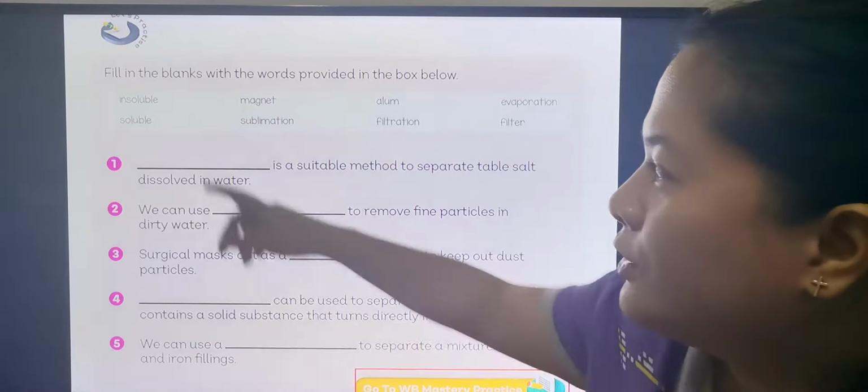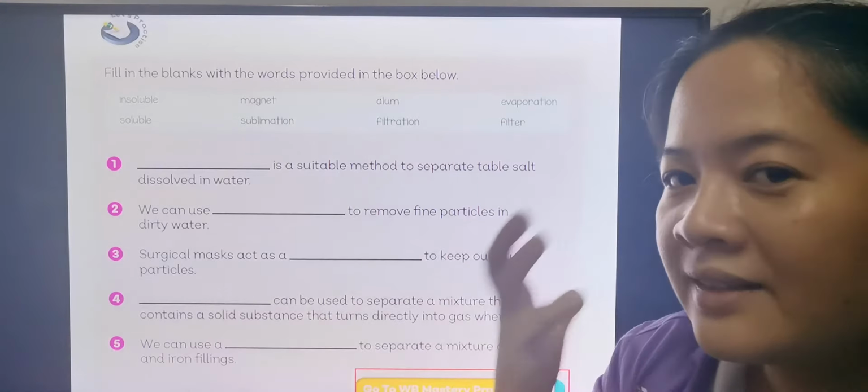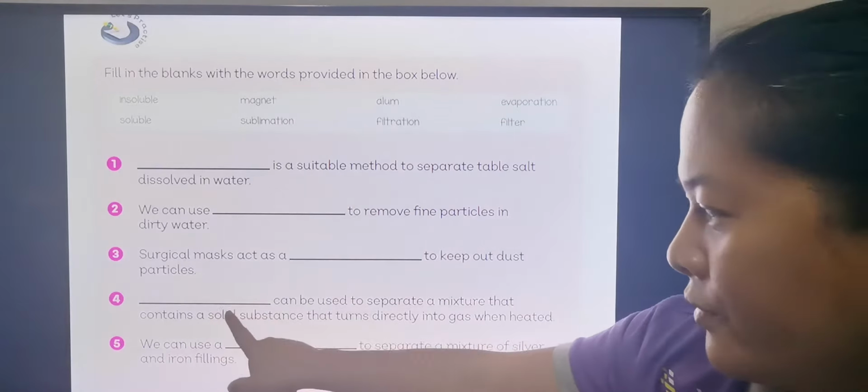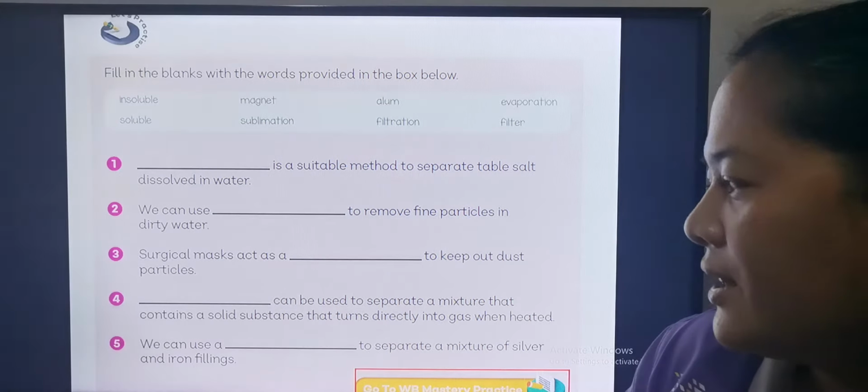Number 2, we can use blank to remove fine particles in dirty water. What can we use to separate fine particles in dirty water? Number 3, a surgical mask acts as a blank to keep out the dust particles. The mask acts as a what? Number 4, blank can be used to separate a mixture that contains a solid substance that turns directly into gas when heated.